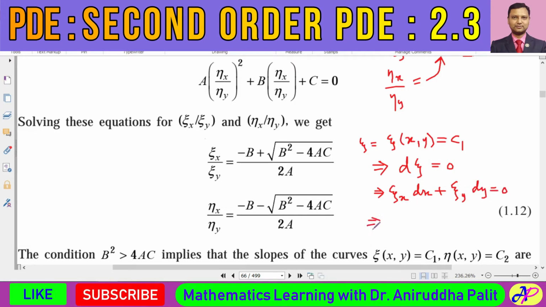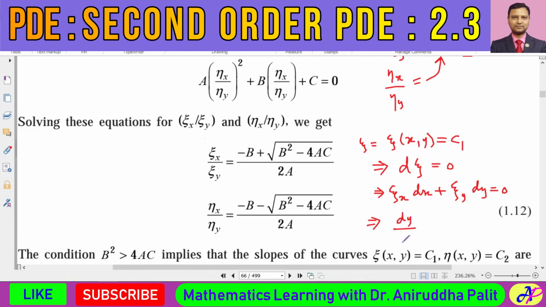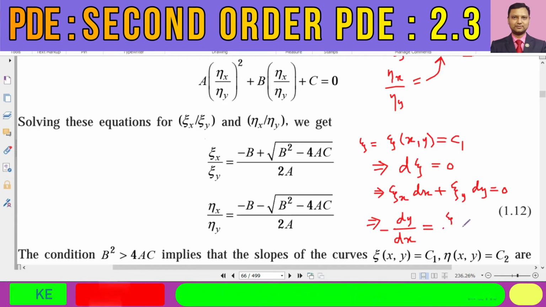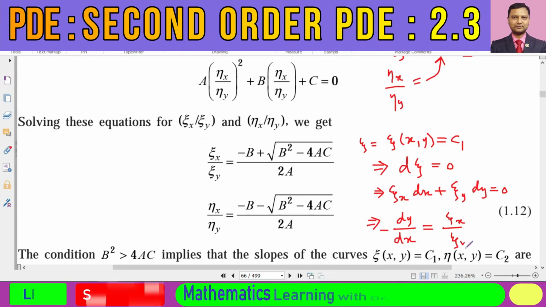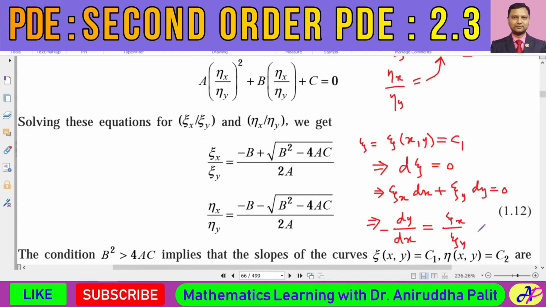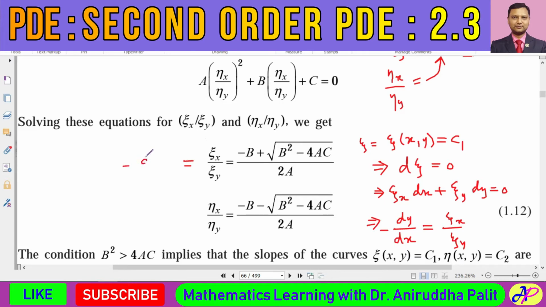And from this relation we can say that dy dx, with a negative symbol, that expression would be equal to how much? Xi x by xi y. So you see, this dy dx will be equal to xi x by xi y, and in that case this xi x by xi y becomes equal to a certain dy dx.